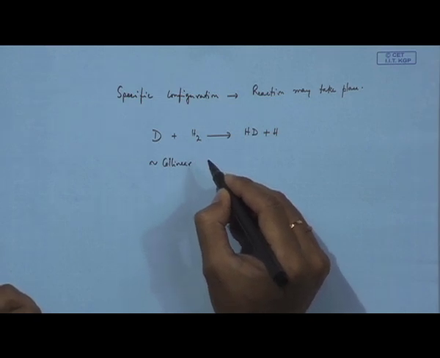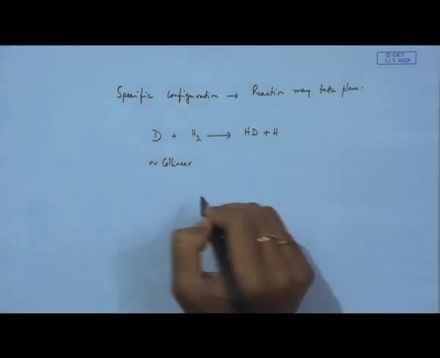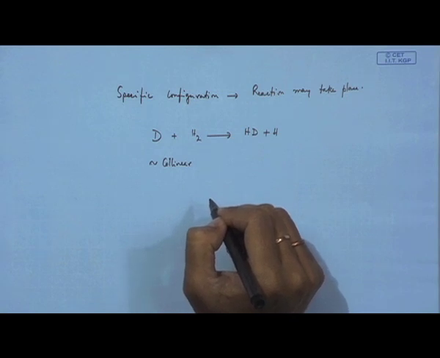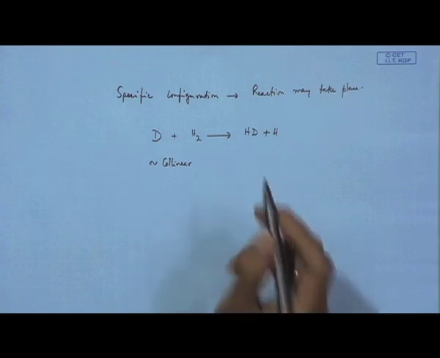Now, at each value of B, at each value of the closeness factor, all possible reactant orientations will contribute. You have a specific B value and you have to consider all possible orientations of the reactant, and then average out.